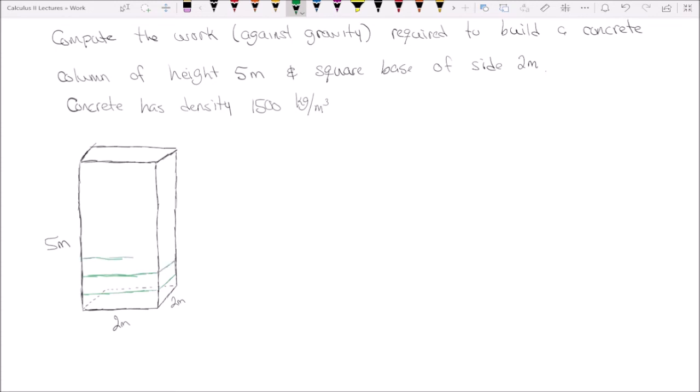And each slab will have equal width. Let's call it delta y.